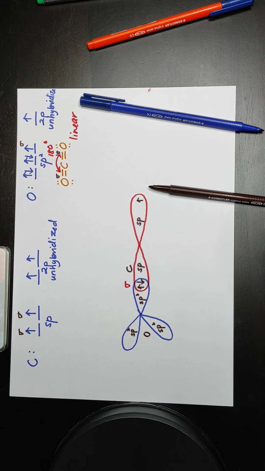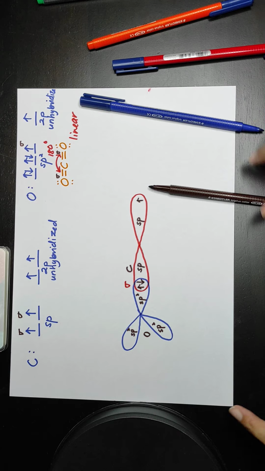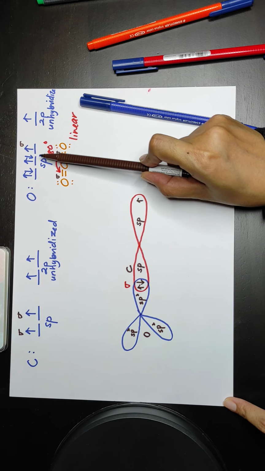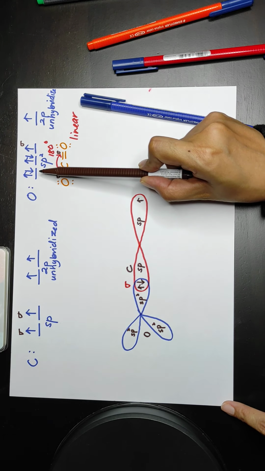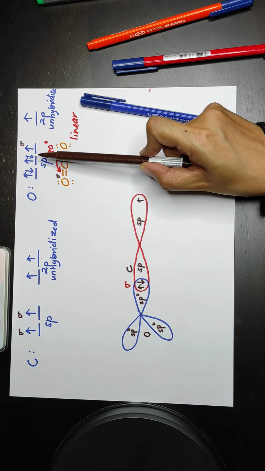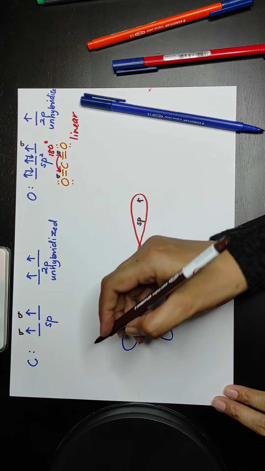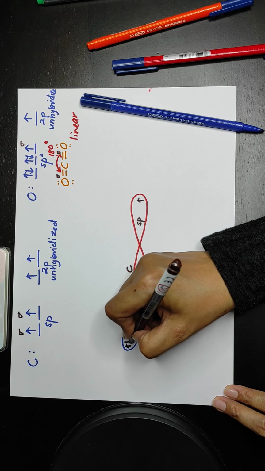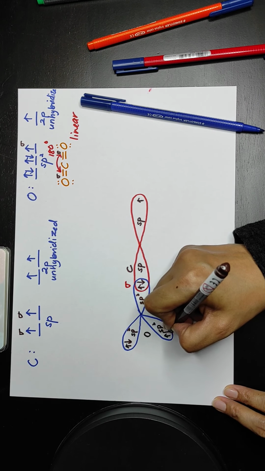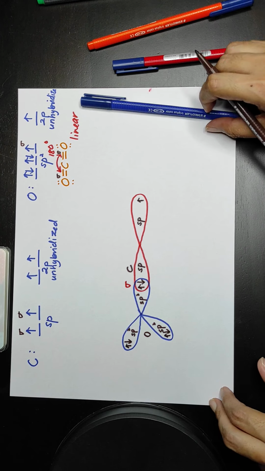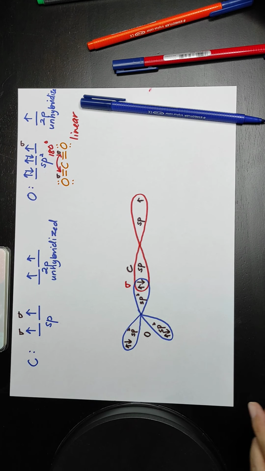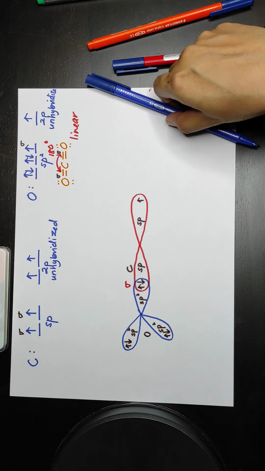If you refer to the orbital diagram, 2 sp2 hybrid orbitals of oxygen are occupied by lone pairs. So these are the lone pairs. And the same goes for the other oxygen.